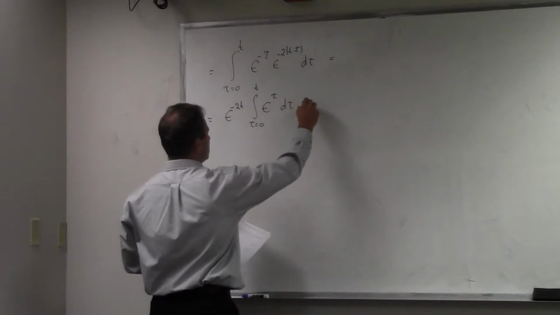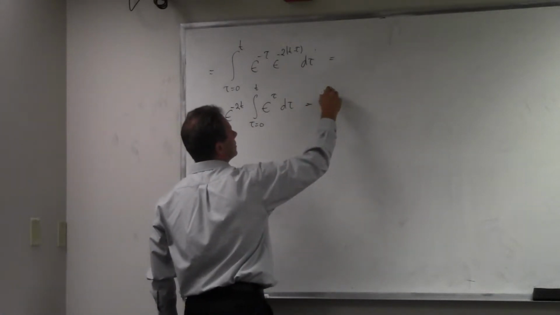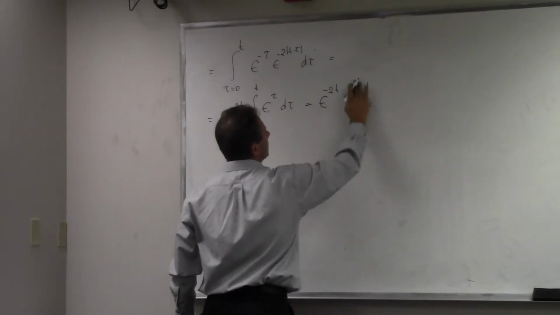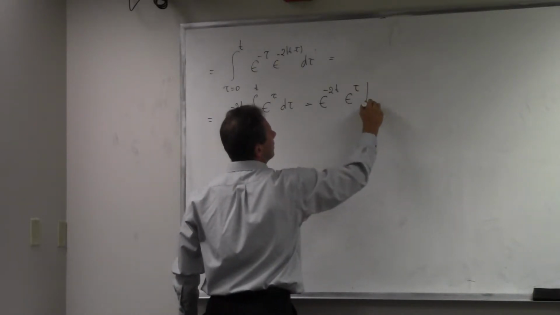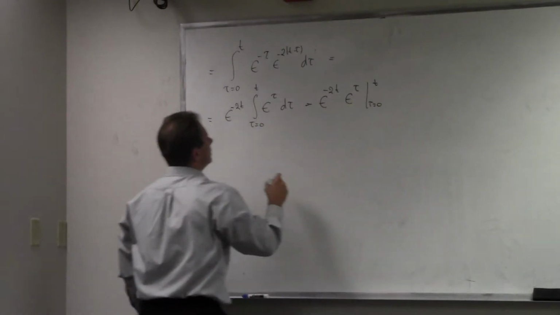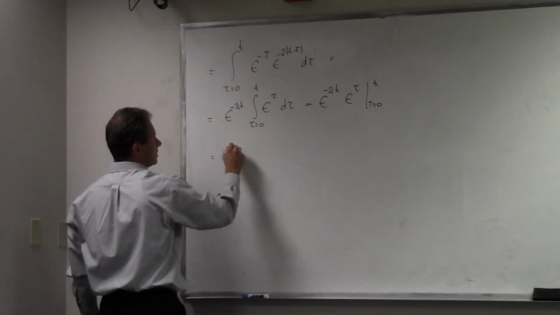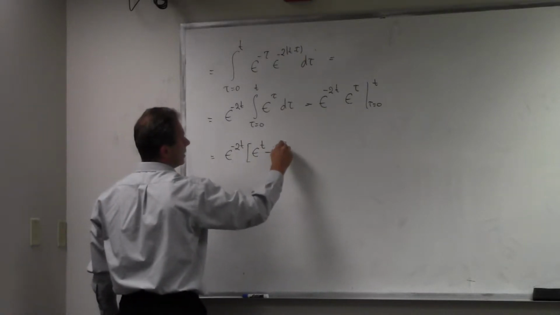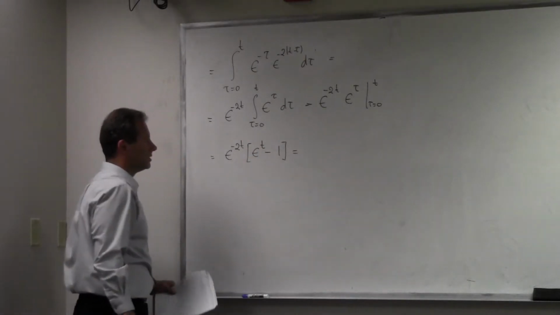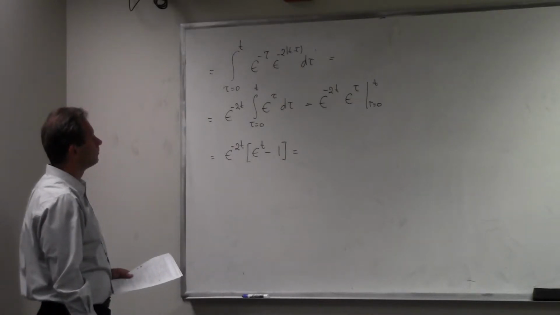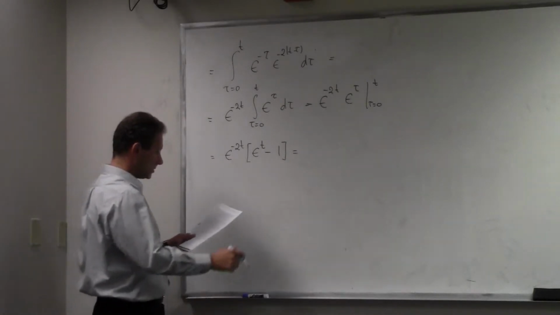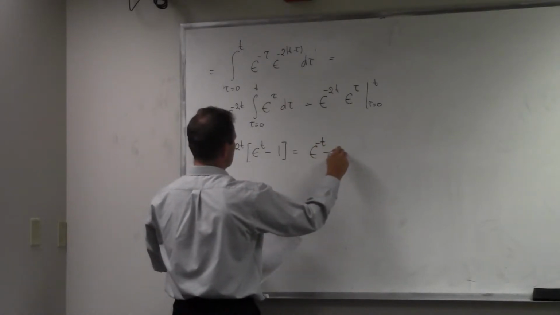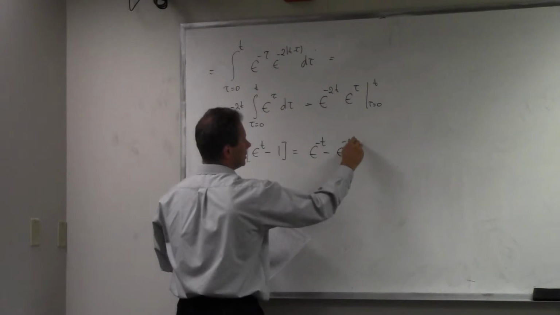And this is just about the easiest integral to evaluate. This is e to the minus 2t, e to the tau, evaluated when tau goes from 0 to t. So this is e to the minus 2t times e to the t minus 1. Or when you bring this e to the minus 2t inside, this becomes e to the minus t minus e to the minus 2t.